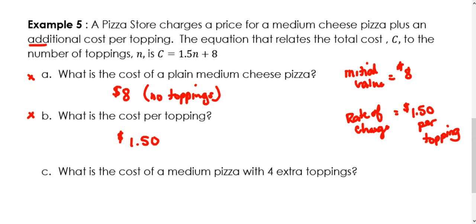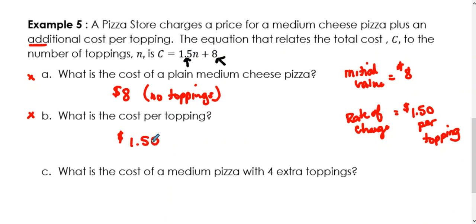All right, so we're back. So where I got that from is this 8 here is my initial value, because there's no variable attached to it. That's where I start off with. That's my fixed cost, that type of thing. And this 1.5 is my rate of change, based on it's attached to n.